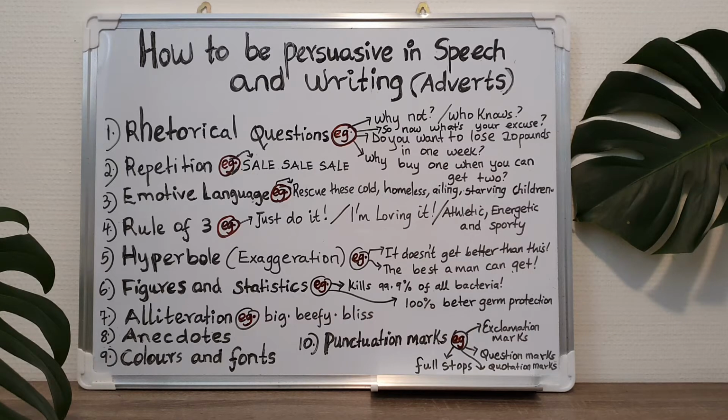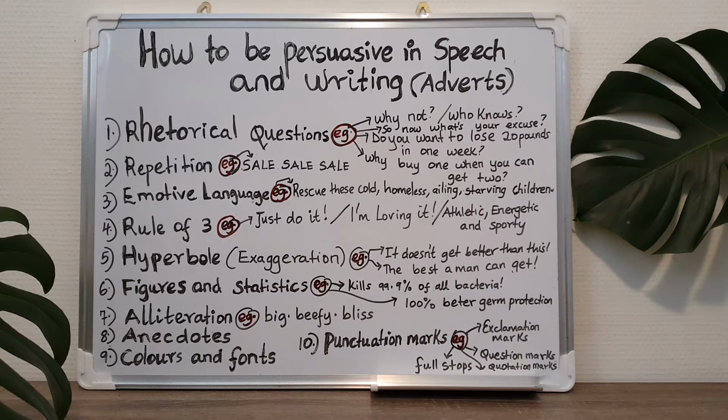Now, if you look on the right, there are some examples. Why not? Who knows? So, now, what's your excuse? Do you want to lose 20 pounds in 1 week?